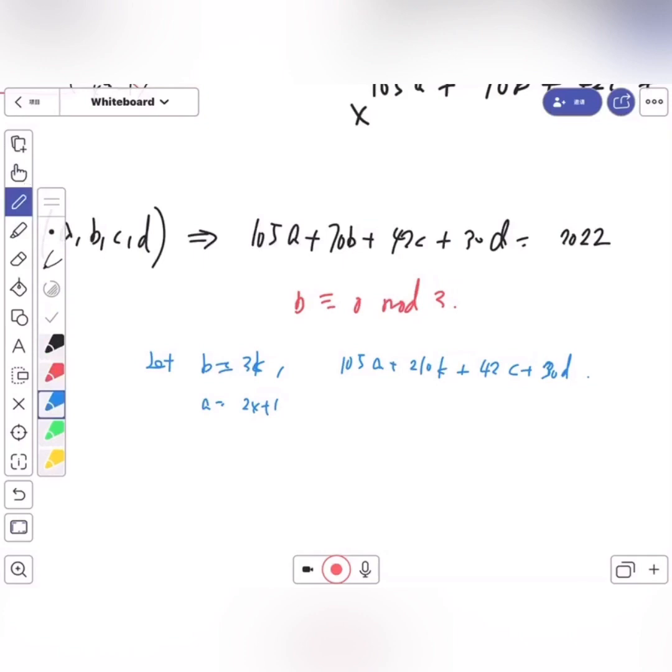Now what about c? We can take this entire thing mod 5. Then we're going to get 2c is congruent to 2 mod 5, which means c is congruent to 1 mod 5. Or technically, c can also be congruent to 3 mod 5.